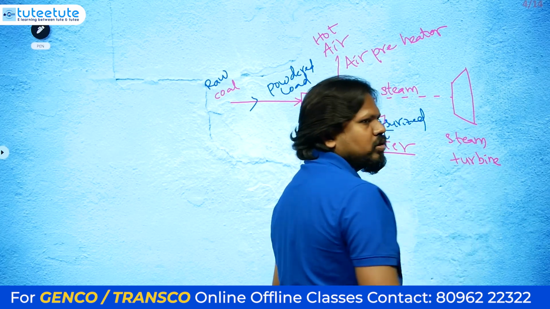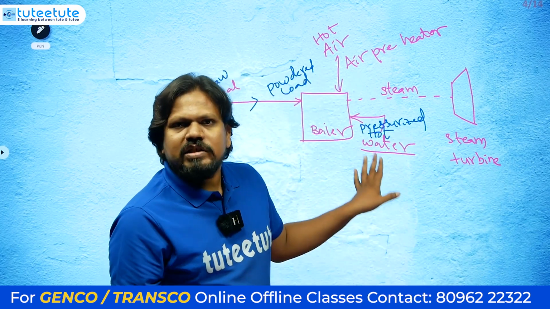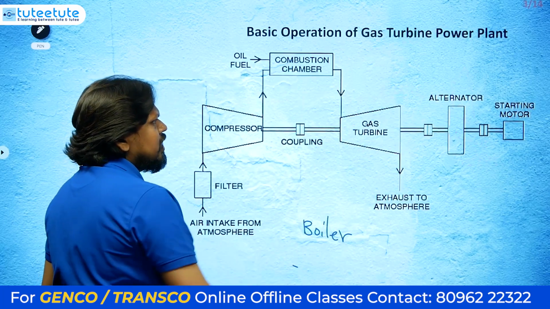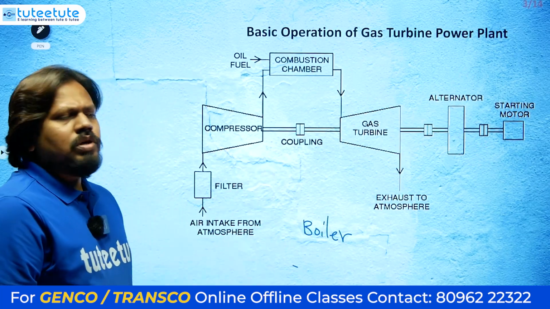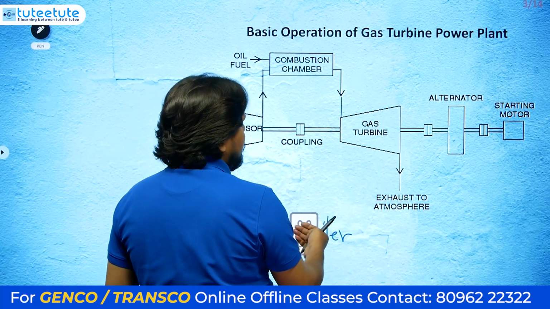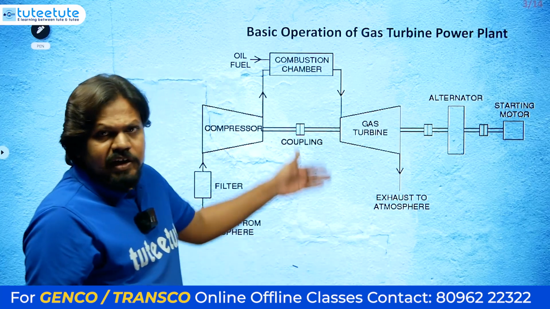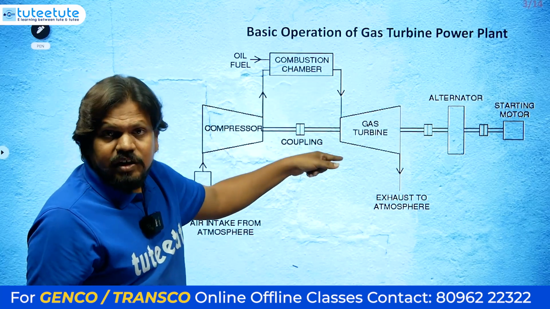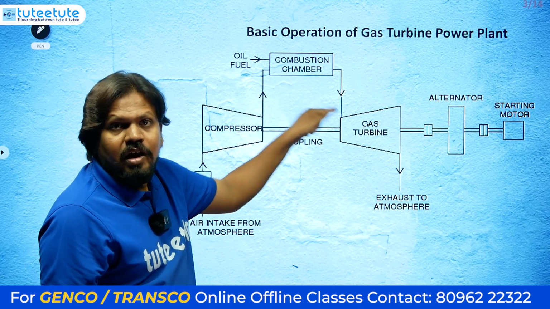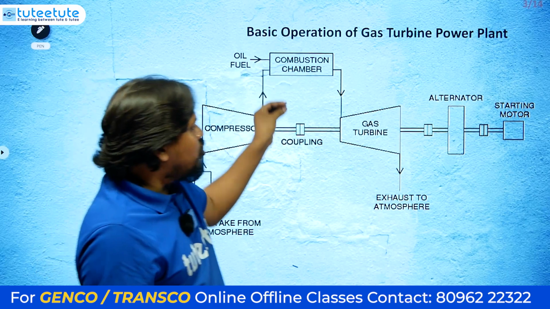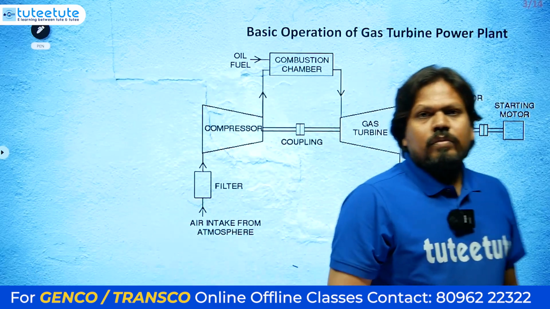So we have learned about all these concepts, just the basics. See, the process happening here is similar to the process happening here also. Instead of the steam turbine, we have the gas turbine. Instead of sending steam as the input, we are sending exhaust gases, whatever is burnt here, that output we are sending here.